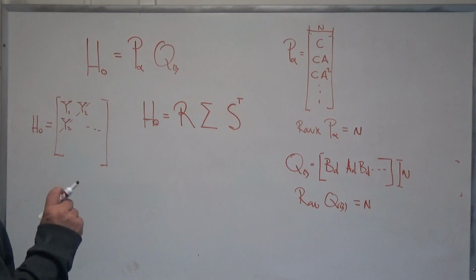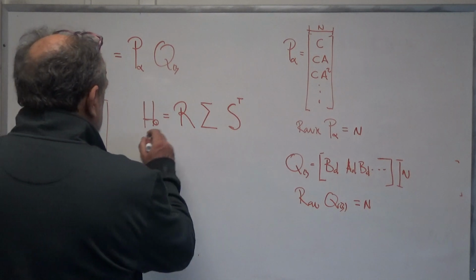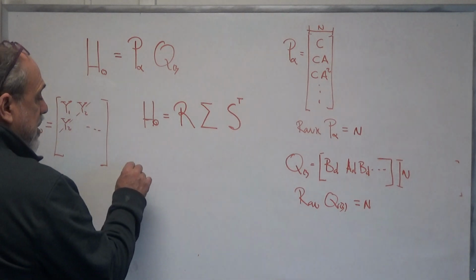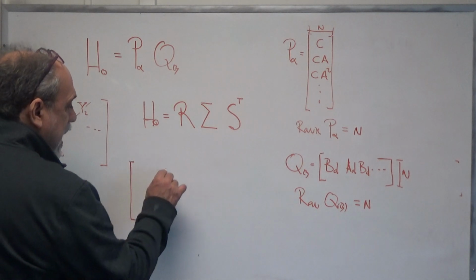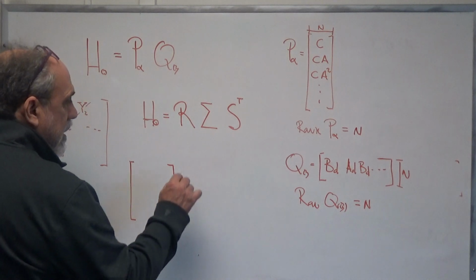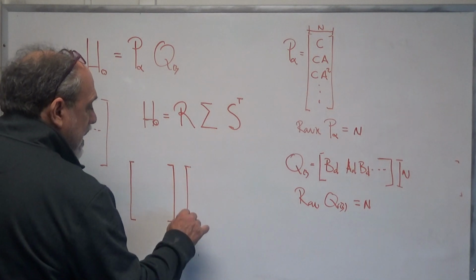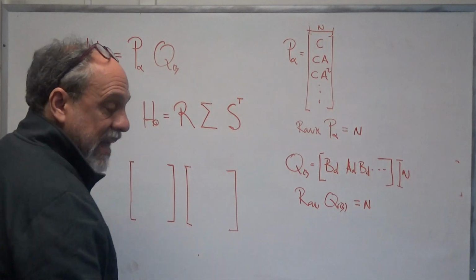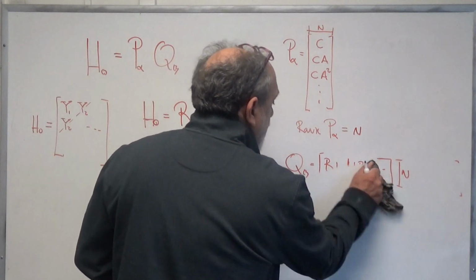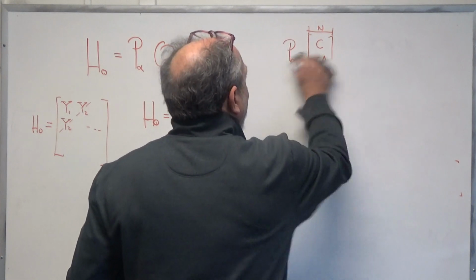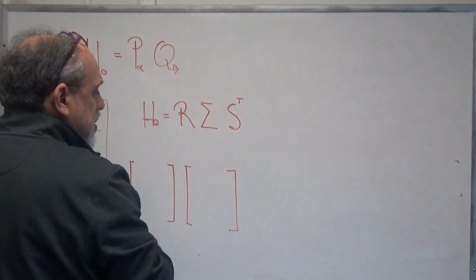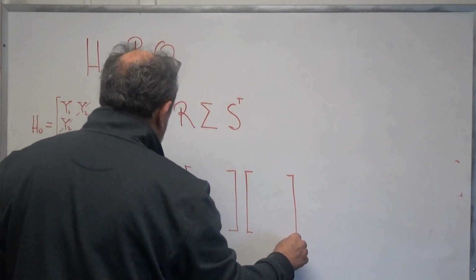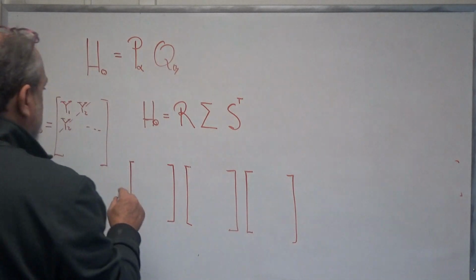But that means then that if we look at these products here, we can see that H0 is R, and R is going to be like this. Then there is going to be sigma, which is of the same size as the matrix, and then there is going to be S transpose, which is of the size of the rows, right? So let's see.